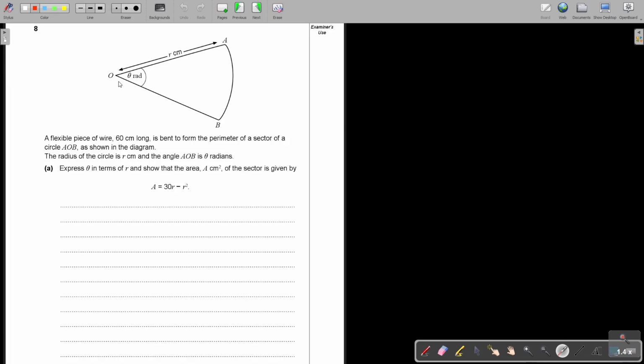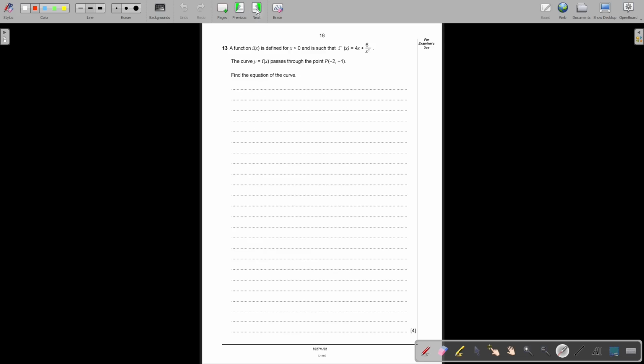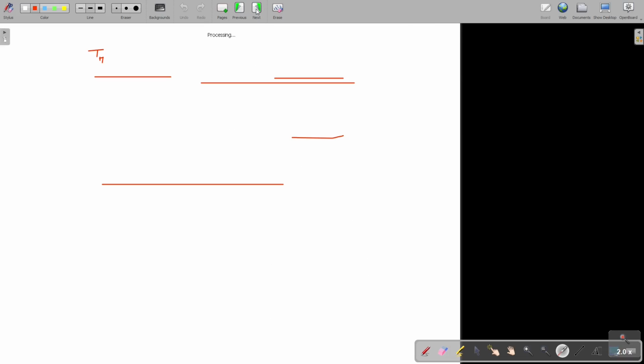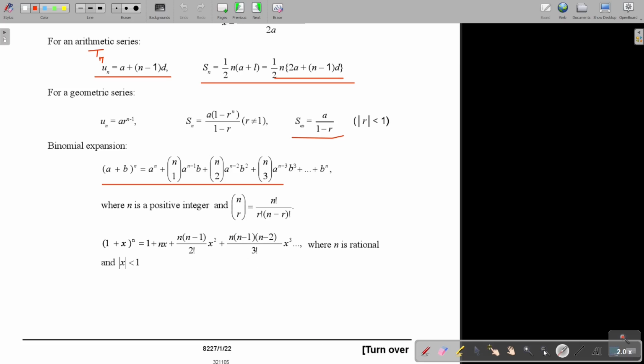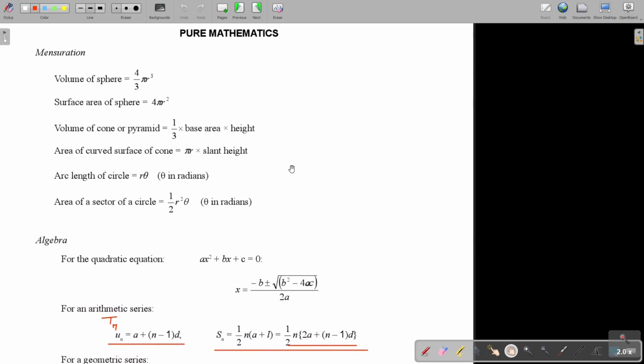And again, we are going to go to our formula sheet to see if we can find the formula for the perimeter of a sector. I'll show you, it's on the formula sheet. So please use it, and always start using it already in the classroom so that you are familiar with the formula sheet.